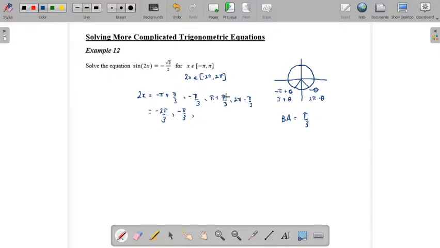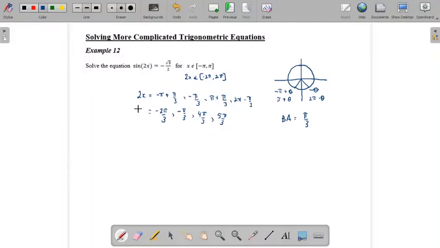This is 3 pi/3 plus pi/3, that's 4 pi/3. And then 2 3s is 6 pi/3 minus pi/3, so that's 5 pi/3. Now these are the solutions for 2x, but we're actually solving for x.